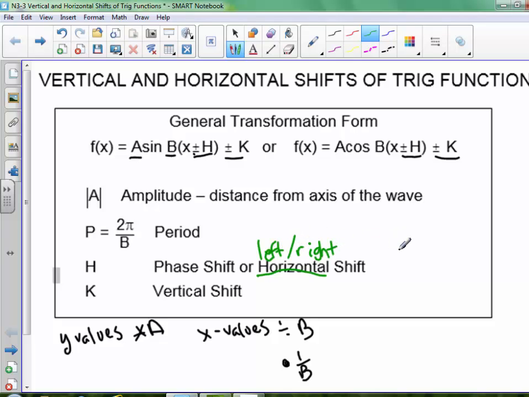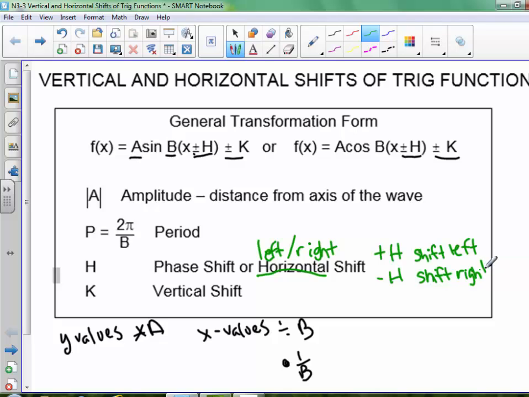H was a little bit weird for us because when we added H to X, or had a positive H, the graph shifted left. And when we subtracted H, the graph shifted right. A little bit backwards to the way we thought it should happen.